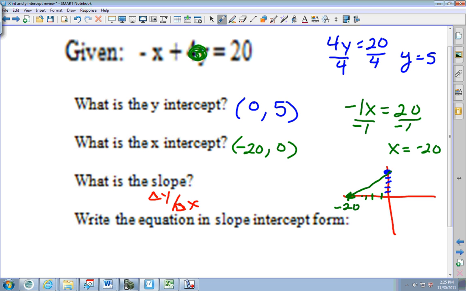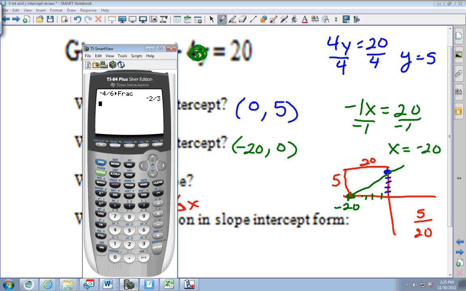So when they go together here, now to find my slope, I know I'm going up 5 and over 20. So 5 over 20, if you go in your calculator and put in there 5 divide 20, and do math, enter, enter. It's 1/4.